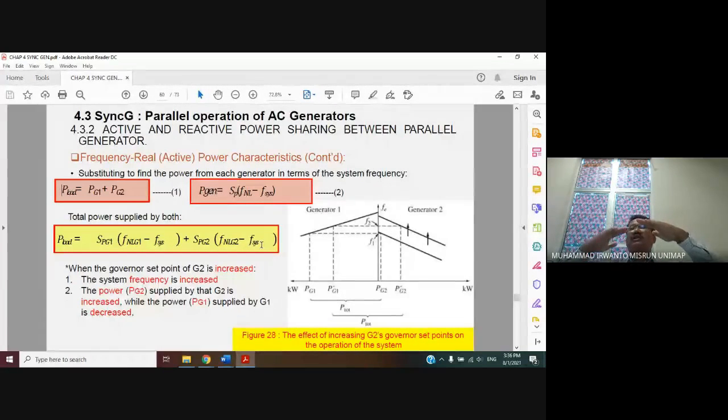When the two generators operate together and the load changes, the total load is the same before and after, and we have to maintain the system frequency.